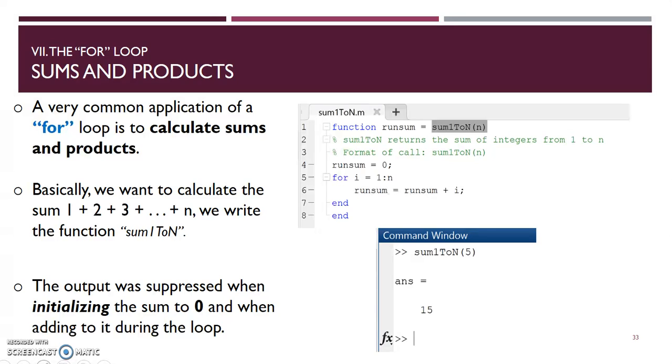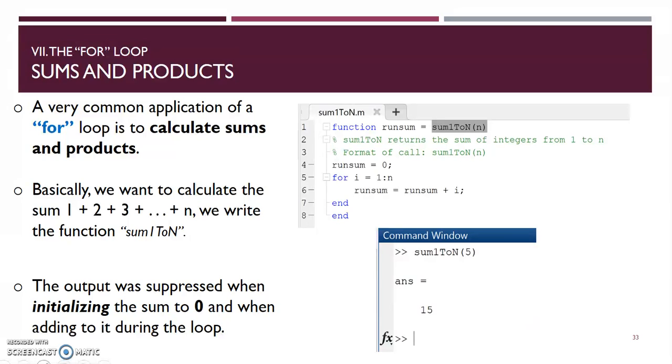The iterator variable I starts from 1. Then the value of run sum, which is currently 0, is added to the value of variable I, which is 1. The result of this summation is 1, and so the new value of 1 is associated to the run sum variable. At this point, MATLAB reaches the end of the for loop and goes back to the beginning of the loop.